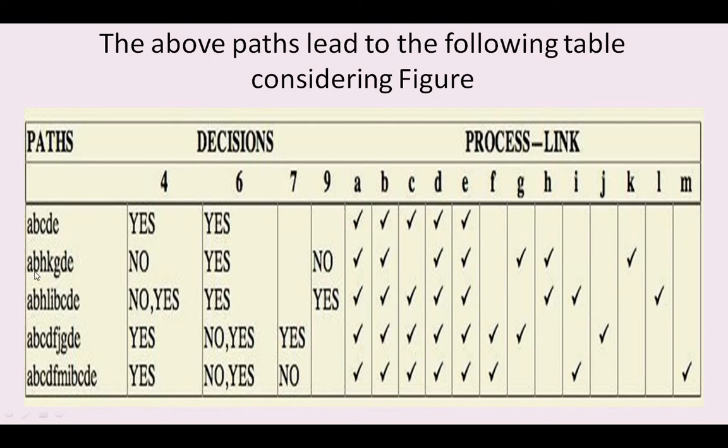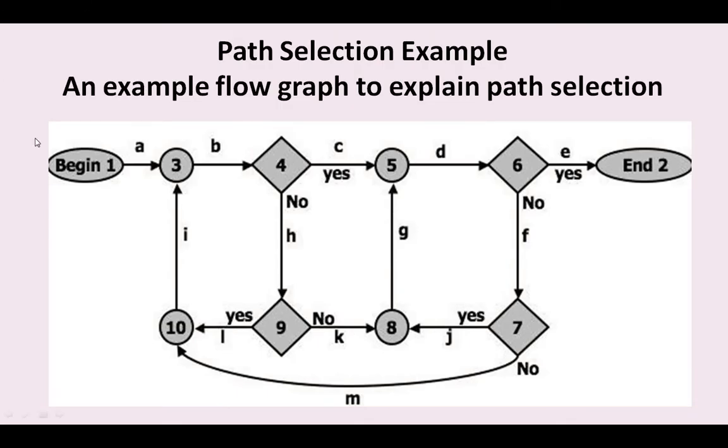Next, coming to the second path, A, B, H, K, G, D, E. A, B, H: the value of 4 is no here. H, K: again, the value of 9 is no here. G, D, E: the value of 6 is yes here.